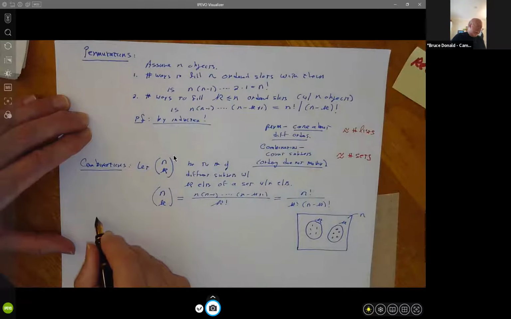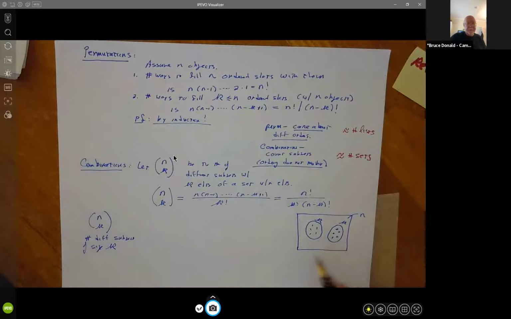So let's think of this. By definition, n choose k, I'll just write shorthand here, is the number of different subsets of size k. So in our picture here, it's the number of different circles we can draw. Keep in mind, these circles could also overlap. They can share elements. Now, for each one of these, it has k elements.